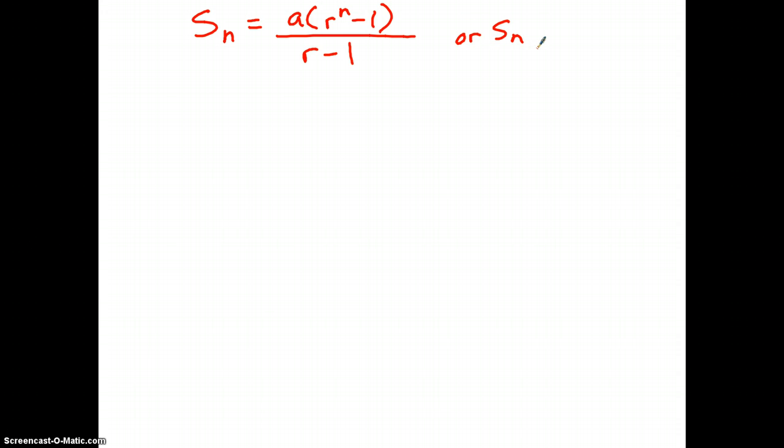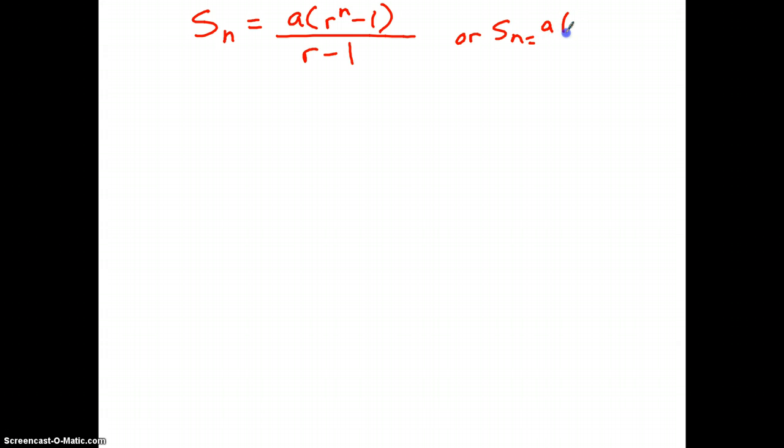So luckily, we have an equation for the sum of a geometric series, and this is denoted by S sub n. The sum equals a times r to the n minus 1 over r minus 1. Or it can be written this way, and I'll explain the difference and which one you should use when.